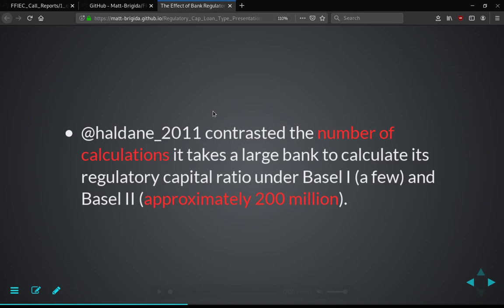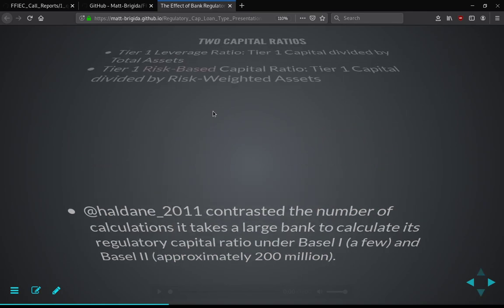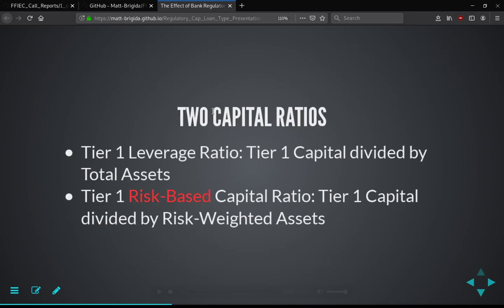So one of the things to keep in mind is when we switch from Tier 1 leverage ratio to Tier 1 risk-based capital ratio, there may be a few calculations with Tier 1 leverage ratio, but like I said, for a large bank there could be hundreds of millions of calculations once we start risk weighting all the assets.